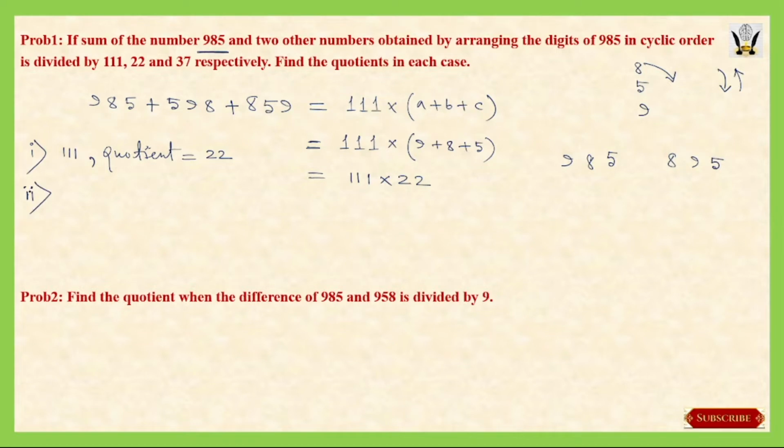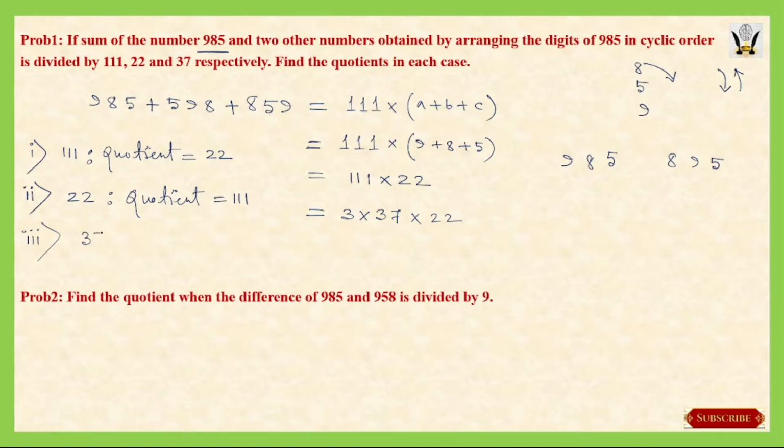Now the second case: we are dividing that same result of summation by 22. If we divide by 22, the quotient will be 111. In the third part of that problem, we are dividing by 37. So what will be the quotient? Here we can further factorize 111, which can be written as 3 multiplied by 37. So finally it will have 3 factors. Thirty-seven 3s are 111.